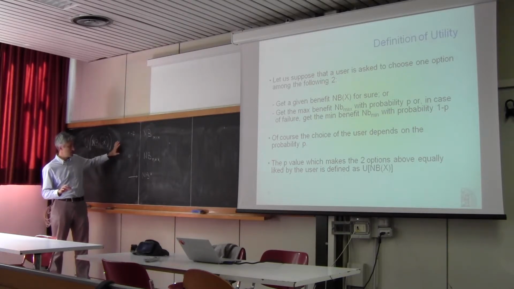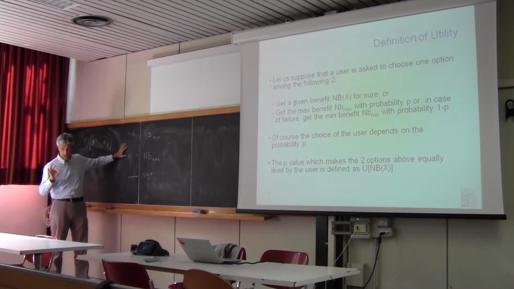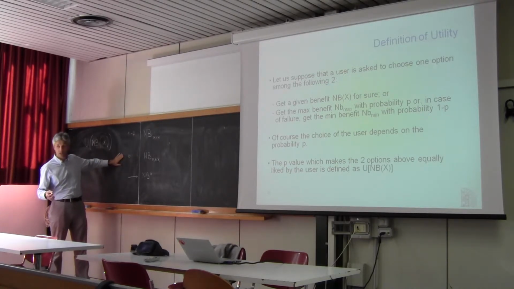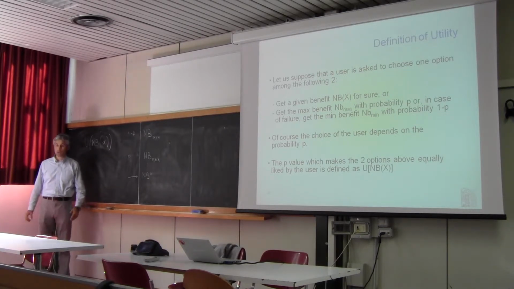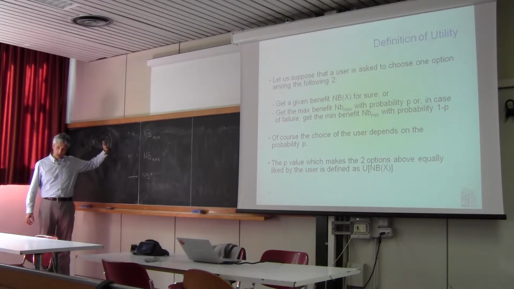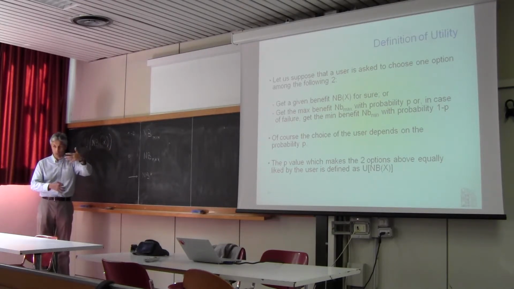The second option is there is uncertainty, so I may give you the maximum benefit with probability P, or if I'm not successful in giving this, we jump to the minimum benefit with probability 1 minus P. So according to the second option, you have two sub-options.